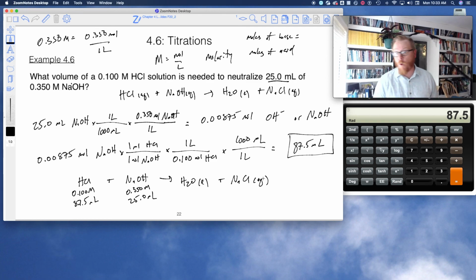Okay, it would be neutral. No more acidic or basic properties. It would just be salty, neutral water.